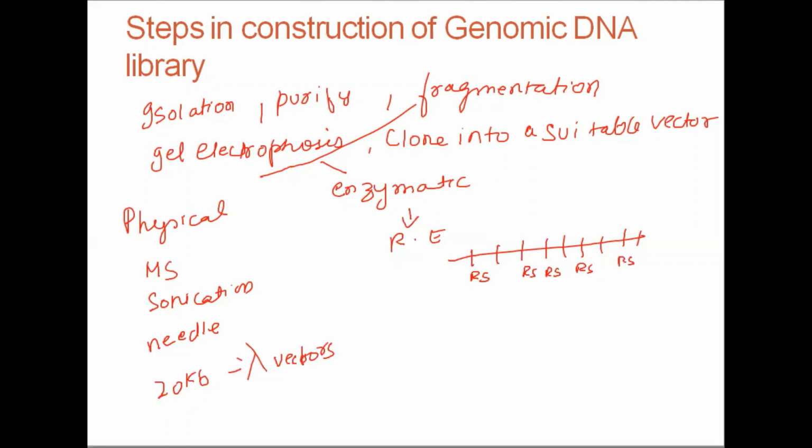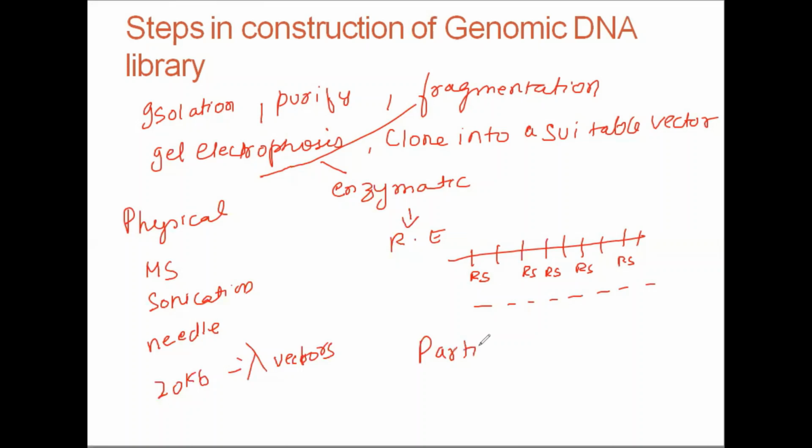So when you cut the DNA with that, you get smaller fragments. These small fragments cannot be cloned into a vector because they don't represent the total sequence or the required sequence needed for cloning. So that's why we don't go for total digestion.